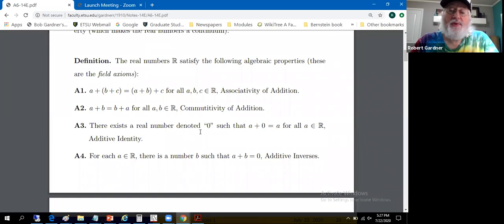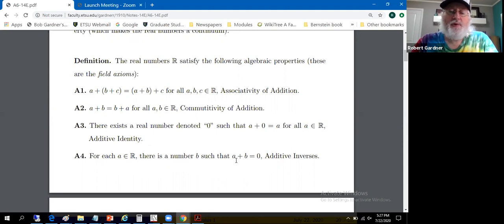There exists a real number, we'll call it 0, such that A plus 0 equals A for all real numbers A. This 0 is called the additive identity. So there exists 0 because it's part of the definition of the real numbers. For any real number A, there's a number B such that A plus B equals 0.